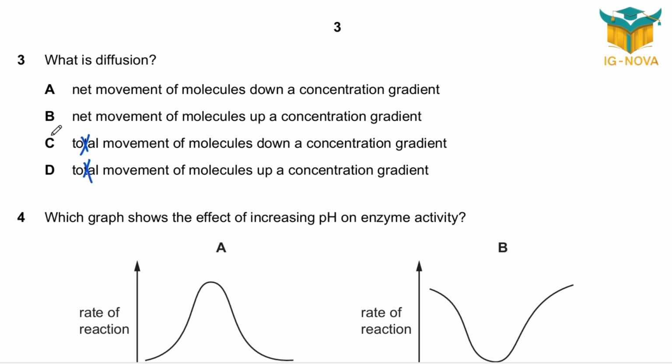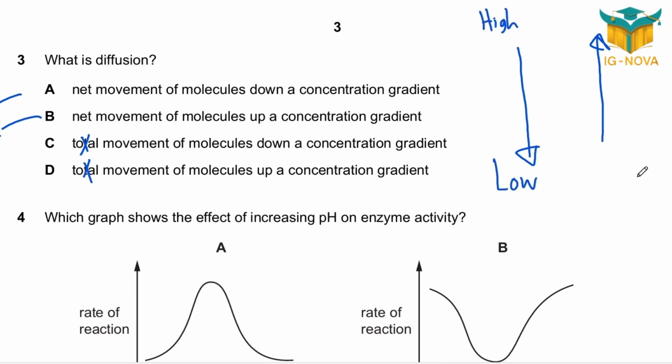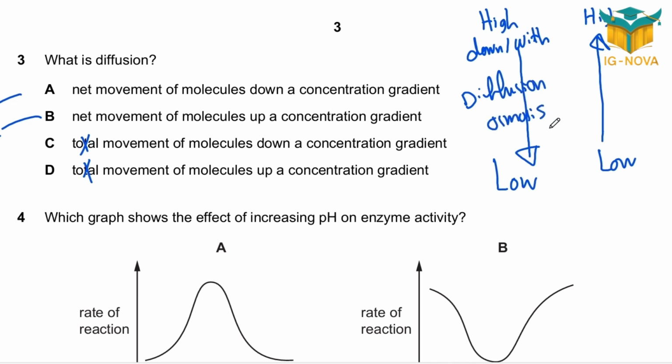So cancel out wrong options. A or B. Net movement. Then you have down the gradient or up the gradient. High, low. If you move in this direction, from high to low, you are going down or with the gradient, which is either diffusion or osmosis in IGCSE.